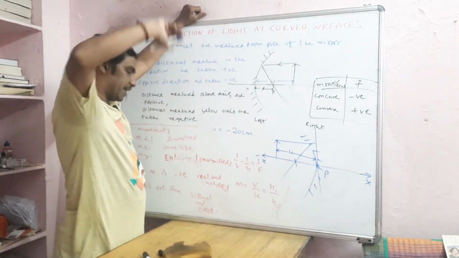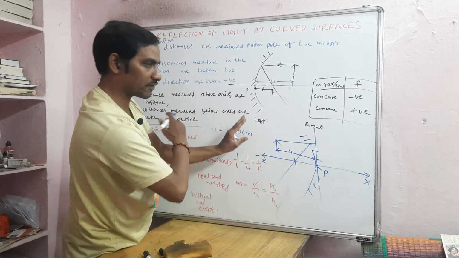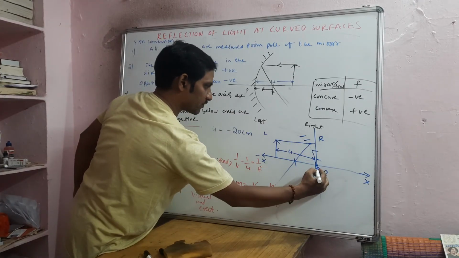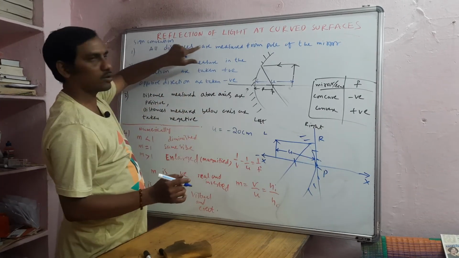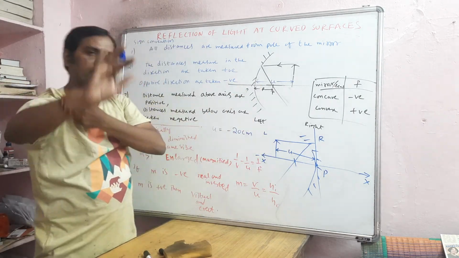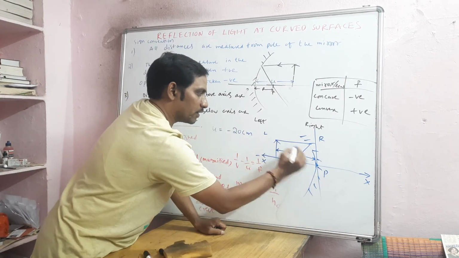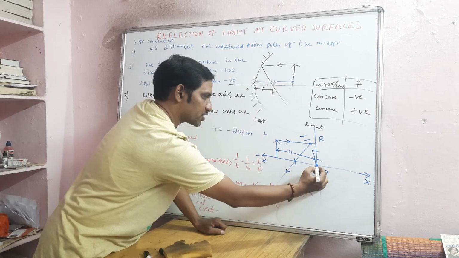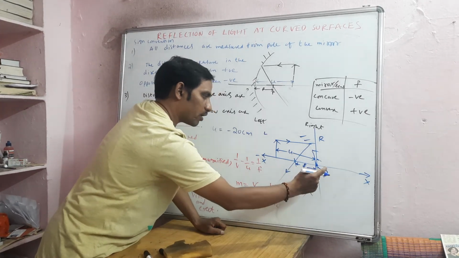Another thing is, the light ray is going from left to right, but you are measuring the distance from right to left, since all distances are measured from the pole. So based on that also it will be negative. Understood? In the same way, for concave the focal length will be negative, because the light ray comes from left to right but we measure the focal length from the pole right to left.